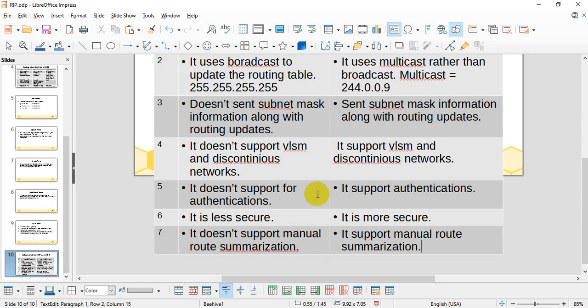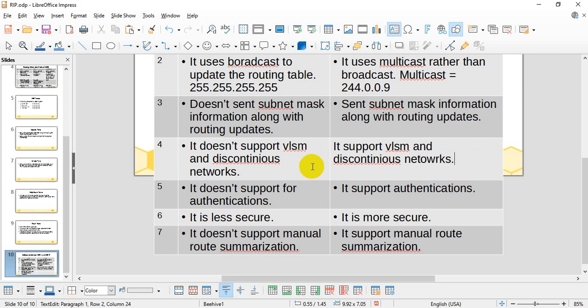And it supports VLSM and discontinuous networks.